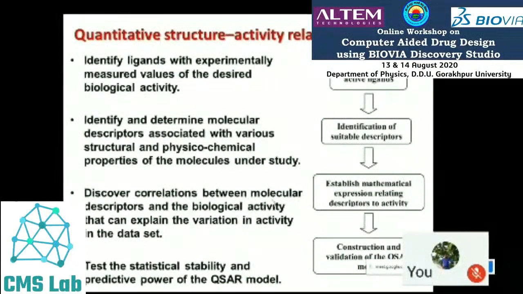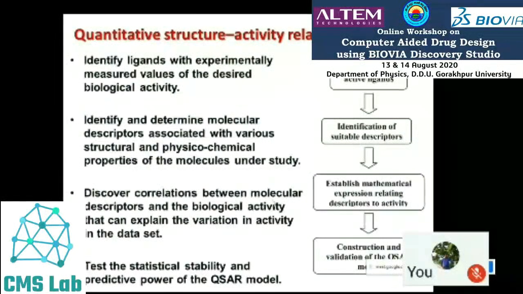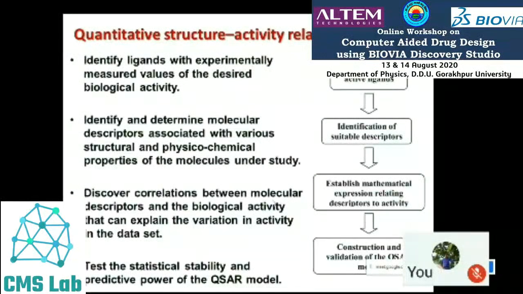But if you don't have a structure, say if there is no crystal structure, solved either by X-ray crystallography, NMR spectroscopy, or nowadays even electron microscopy, then what do you do? You can go for ligand-based drug design.